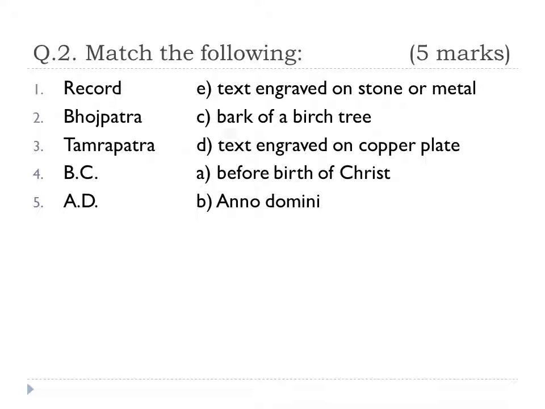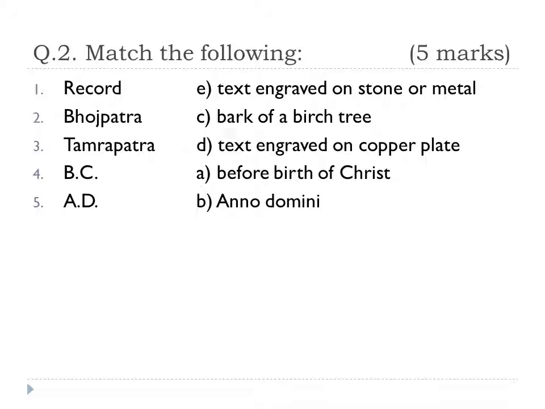The correct answer is option E, text engraved on stone or metal. Question 2, Bhojpatra. Answer C, bark of a birch tree. 3, Tamrapatra. Option D, text engraved on copper plate.